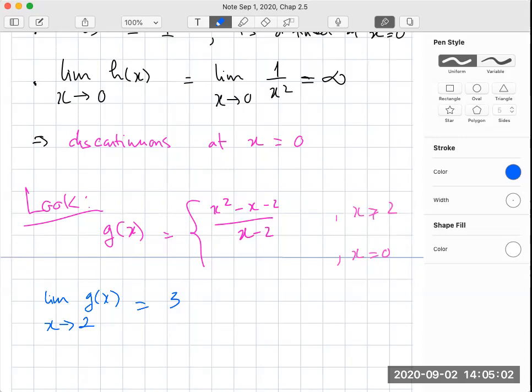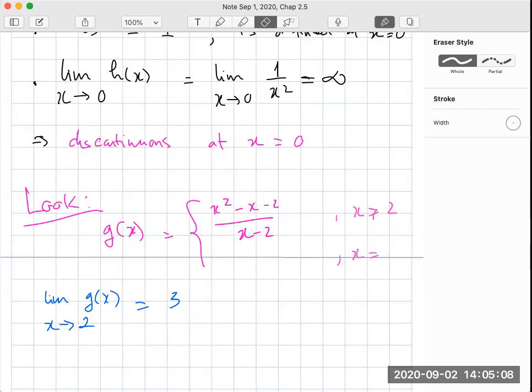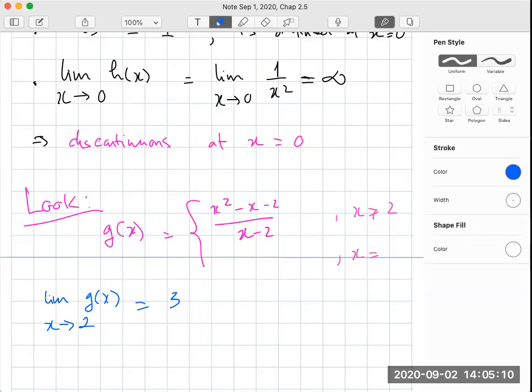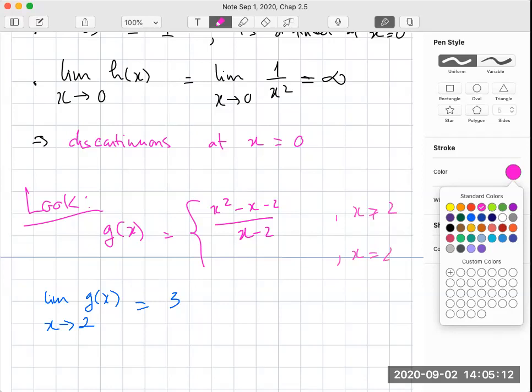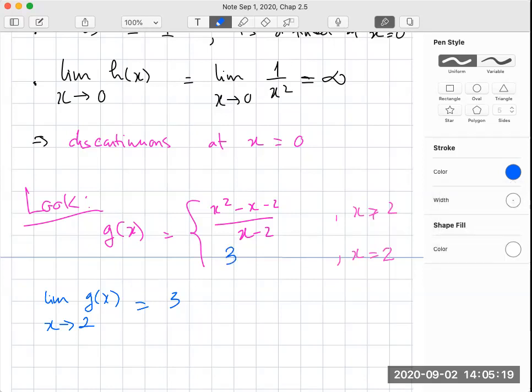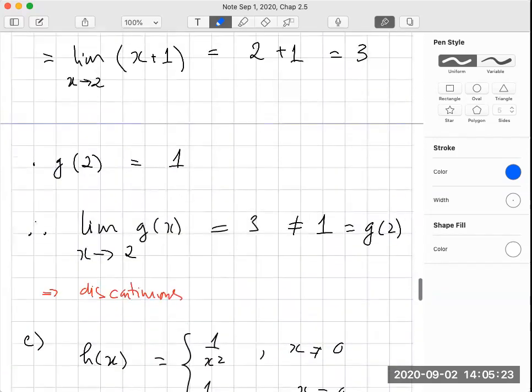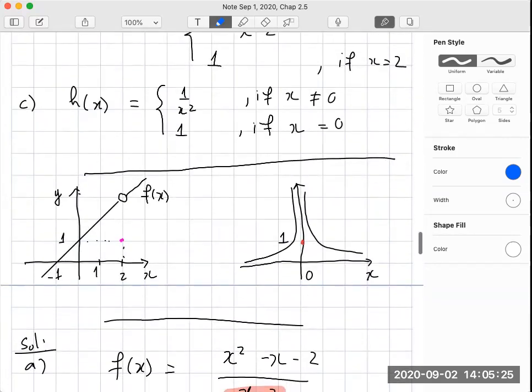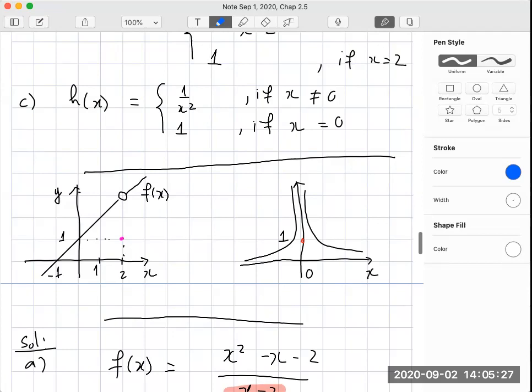And now, if we define this point at x is equal to 2, if we define the value here is 3, it means that we fill the hole right here, right?